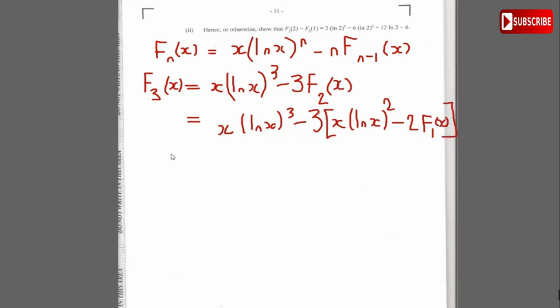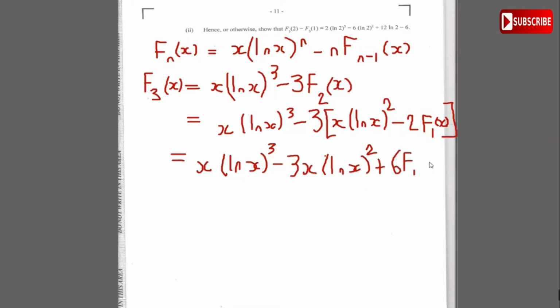You may proceed and go further to expand, and you're going to get x(ln x)^3. Then you expand the minus 3 here, getting minus 3x(ln x)^2, and then minus 3 times minus 2 gives plus, so it becomes plus 6 f_1(x).